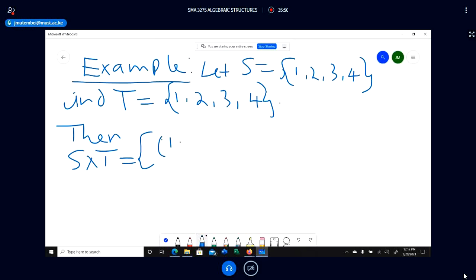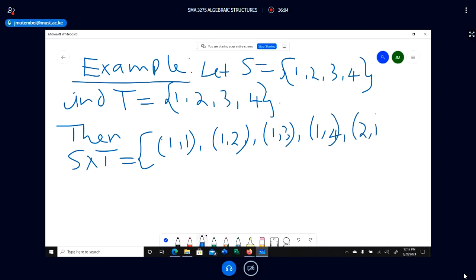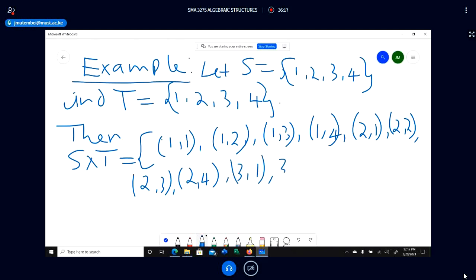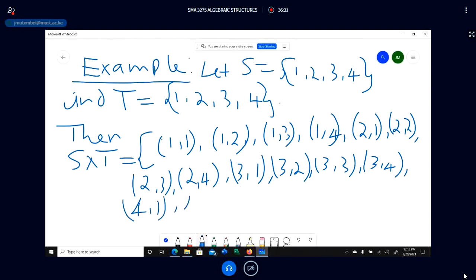We shall have (1, 1), (1, 2), (1, 3), (1, 4), (2, 1), (2, 2), (2, 3), (2, 4), (3, 1), (3, 2), (3, 3), (3, 4), then (4, 1), (4, 2), (4, 3), and (4, 4).